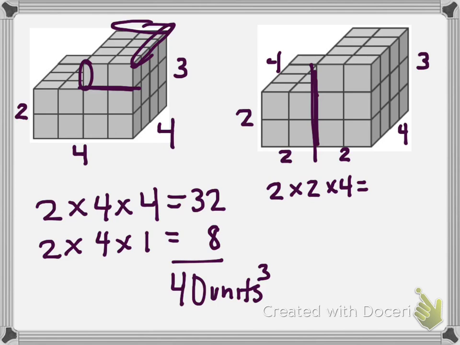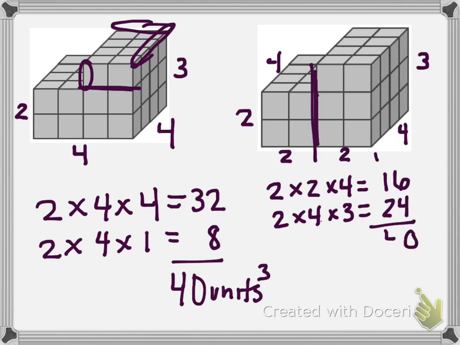And the shape on the right is 2 times 4 times 3. So 2 times 2 is 4. 4 times 4 is 16. 2 times 4 is 8. 8 times 3 is 24. So when we add them together, we also get 40 units cubed. So either way you divide the shape, you still get the same volume.